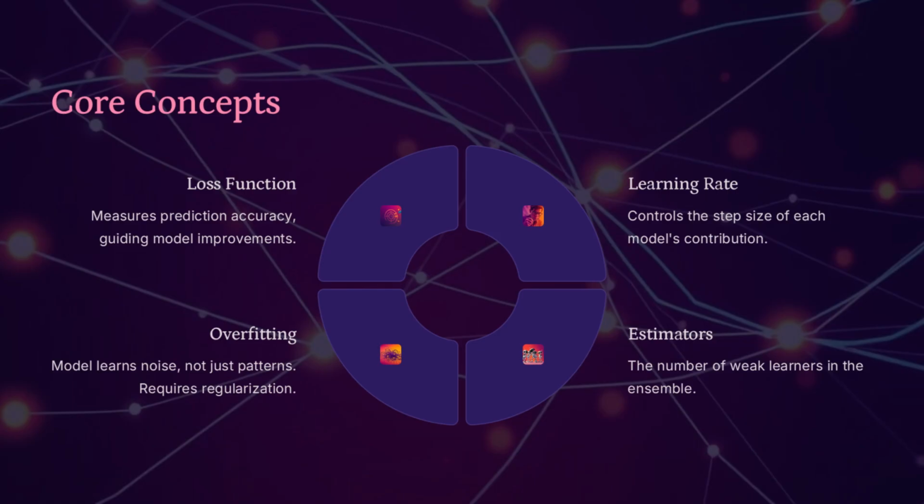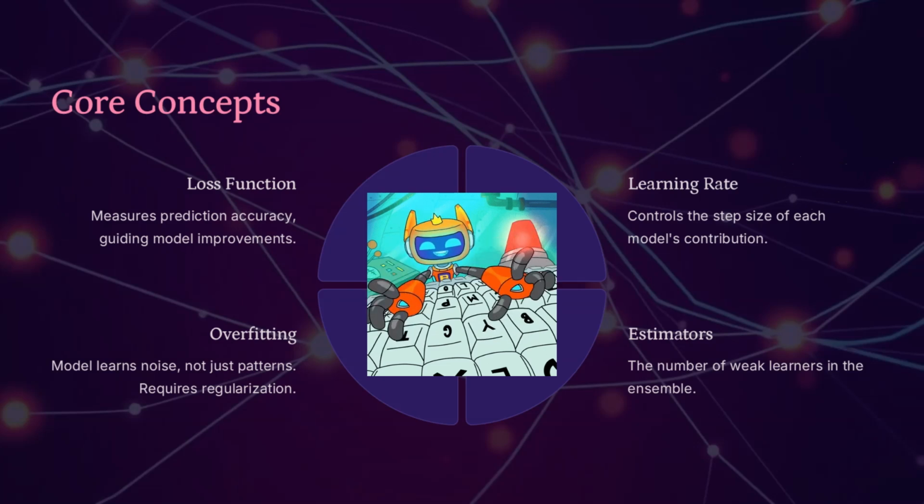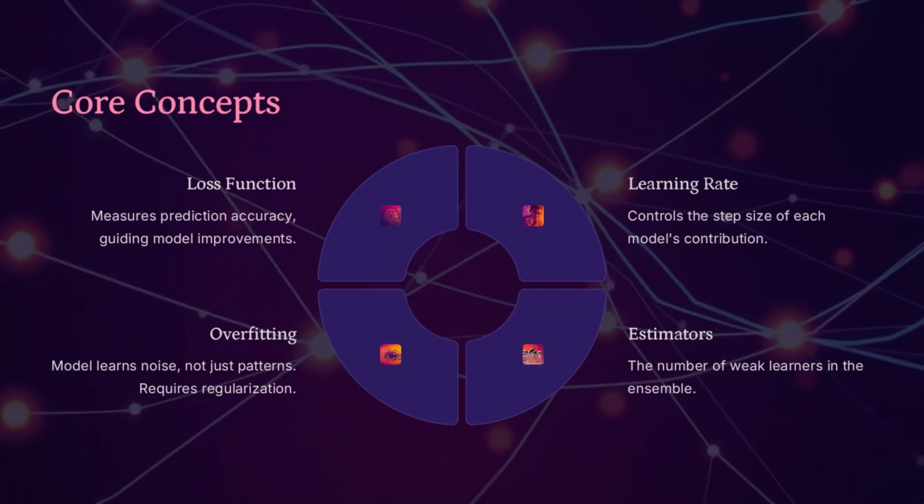Before we go deeper, here are the 4 key concepts you need to know in gradient boosting. First, loss function. It measures how far off your model's predictions are, guiding it to improve. Next, learning rate. This controls how much each new model corrects the errors. Smaller rates mean slower but more careful learning.